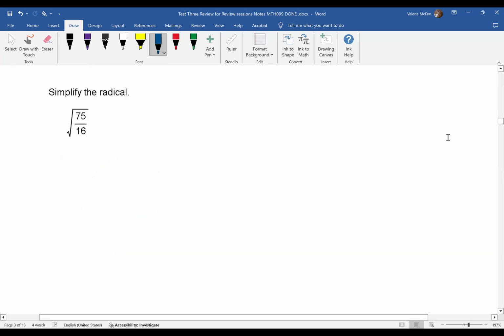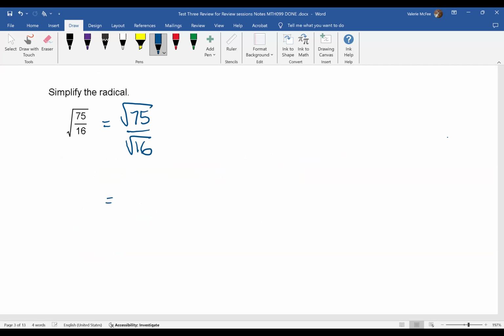When you're simplifying radicals, sometimes, like in this case, it's easier to think of this as two separate radicals. Because I know the square root of 16 is 4. 75, we can prime factor.